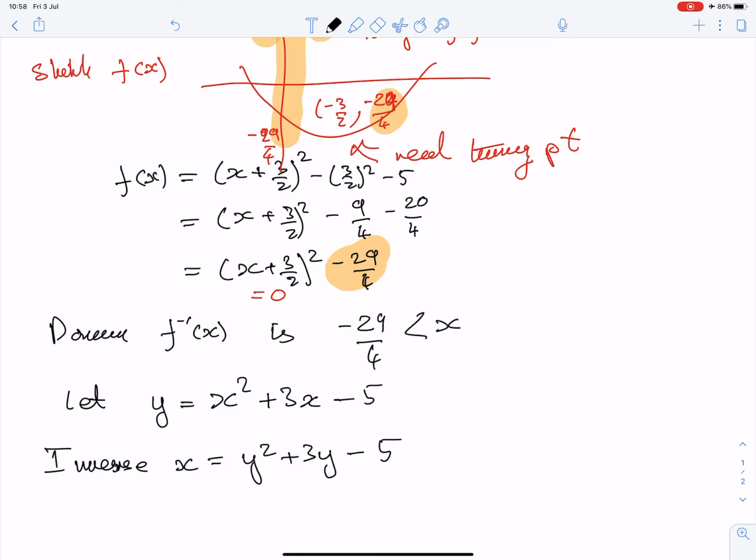And we've now got to make y the subject. So inverse function, swap or interchange x and y, because the outputs from the original function y are the inputs for the inverse function. We've just used that idea to get the domain of f inverse of x.